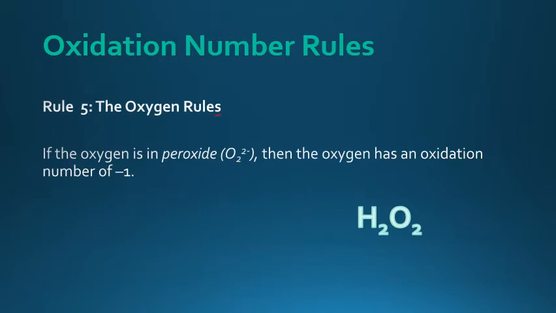Now we know hydrogen, being in column 1, has to have an oxidation number of +1, which means oxygen has an oxidation number of -1. And we could have figured that out because we know that the sum of the oxidation numbers has to equal 0.